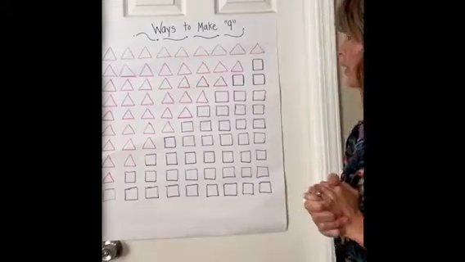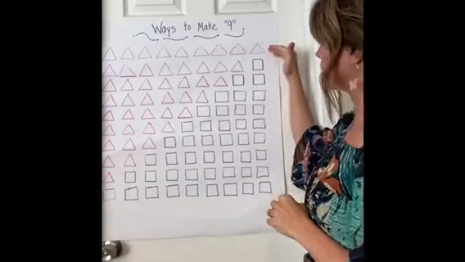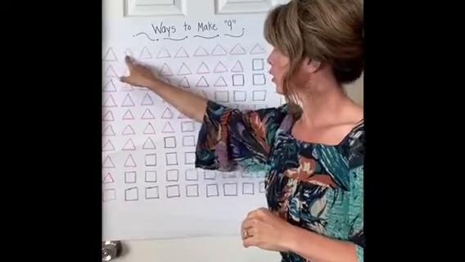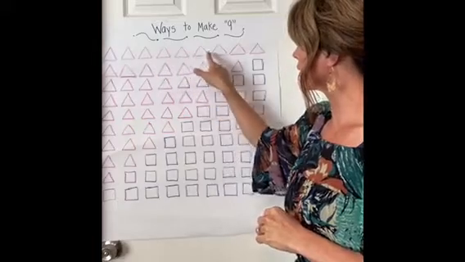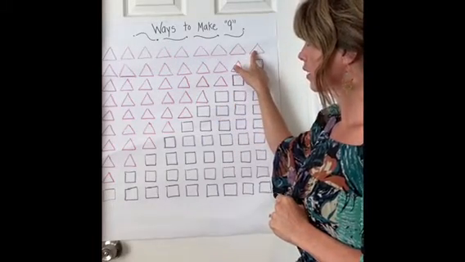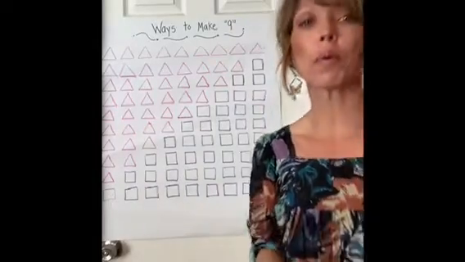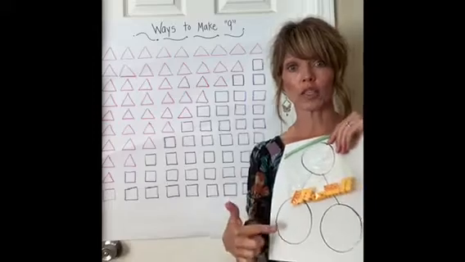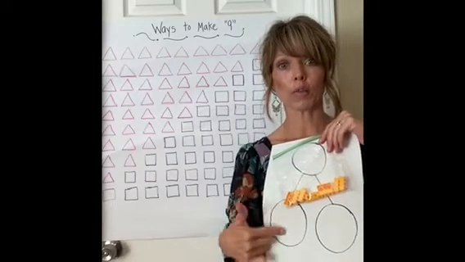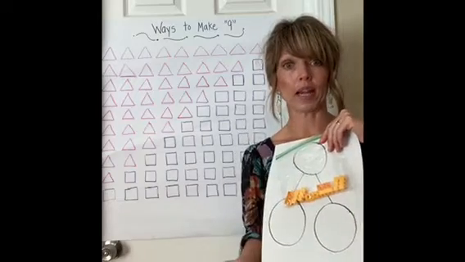So we have ways to make 9, and as you can see, the very first way to make 9 is 1, 2, 3, 4, 5, 6, 7, 8, 9 triangles and 0 squares. So if you're going to use your number bond, you can match this. 9 objects, 0, and then bring them together, and that makes 9.